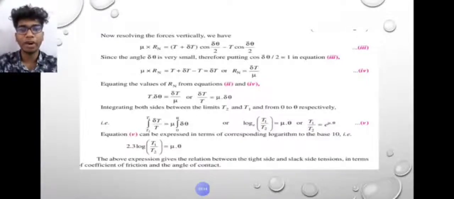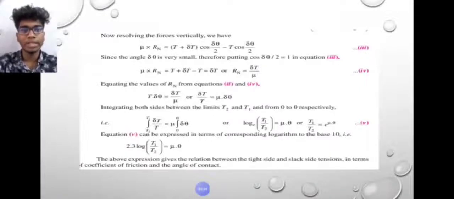Equating the values of Rn from equations 2 and 4, T into delta theta is equal to delta T by mu, or it may be written as delta T by T is equal to mu into delta theta.